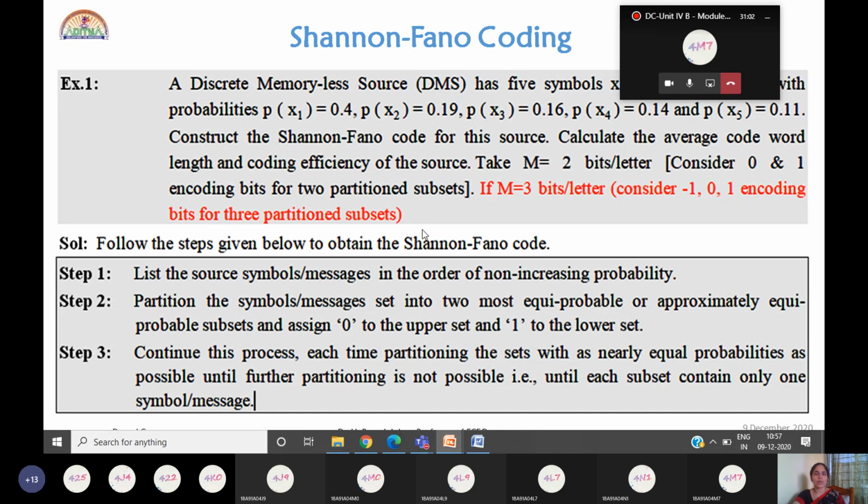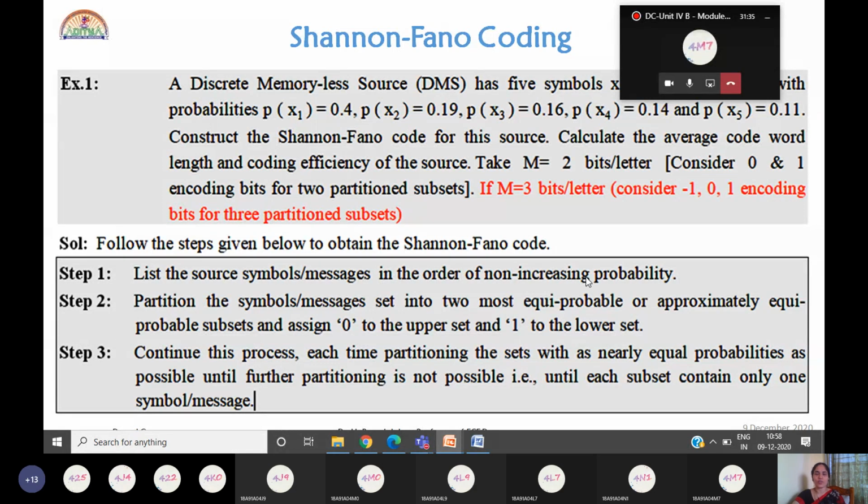In the exams, they may ask you to write down the steps to encode the input using the Shannon Fano encoding method. So you can represent step 1, step 2 and step 3. In some other textbooks, these 3 steps are divided into 4 or 5. But as my suggestion, these 3 steps are enough, because the same process will continue, and I have directly mentioned that in step 3.